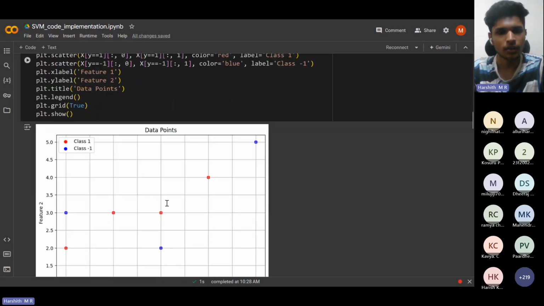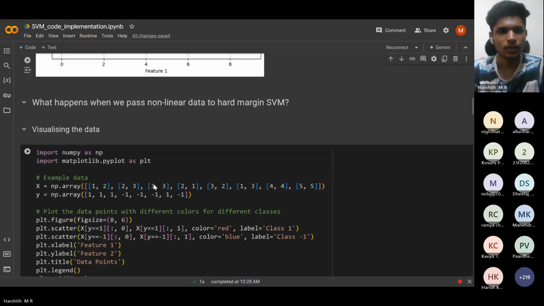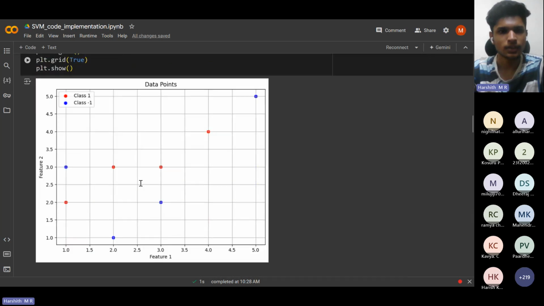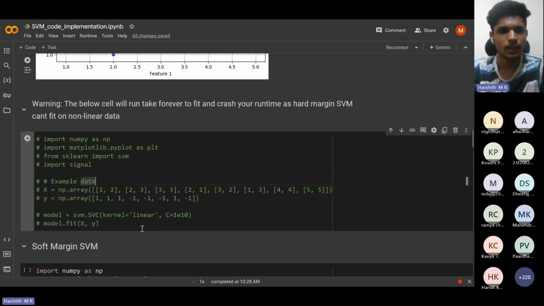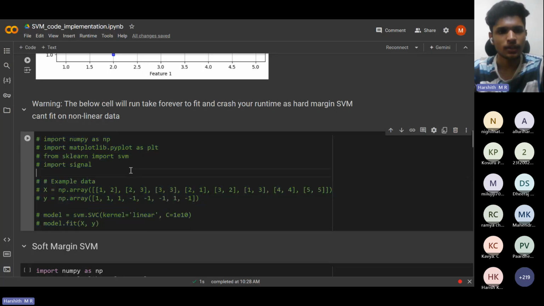Yeah, I have got the non-linear data. This is the non-linear data. You guys can see you can't split these points using a linear line. I have plotted the points for you guys, and this cell has been commented out. When you run this cell, it would run forever and crash your runtime because we have set a high C value for non-linear data.